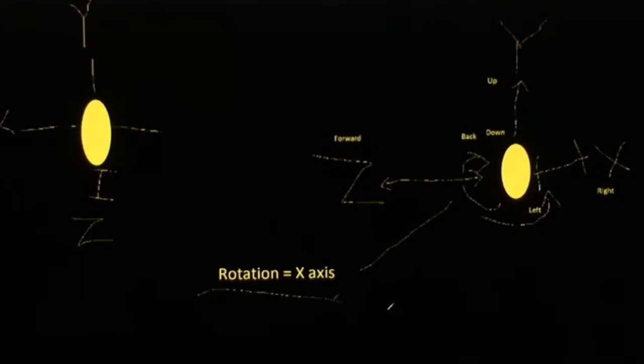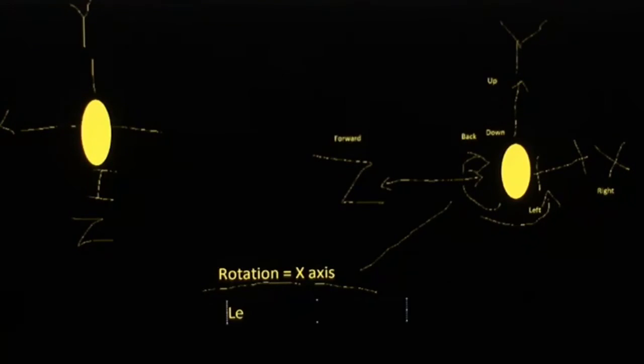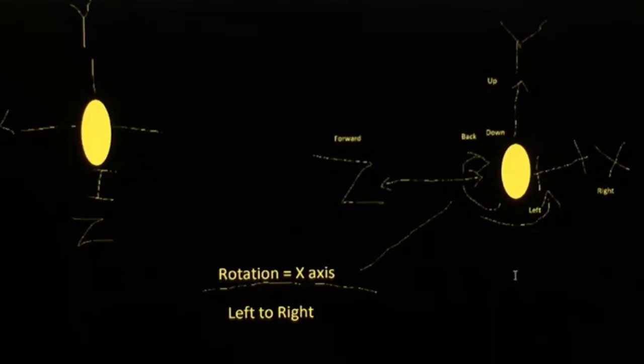So I'll just draw a little line to connect it now. So yeah, keep that in mind when writing a script, because you're only going to be rotating on the X-axis. There's no need to do it on the Y or Z. That could really mess things up. But yeah, and it's always left to right. That's what the X-axis is. So that's the only time we're going to be rotating, only on that axis.